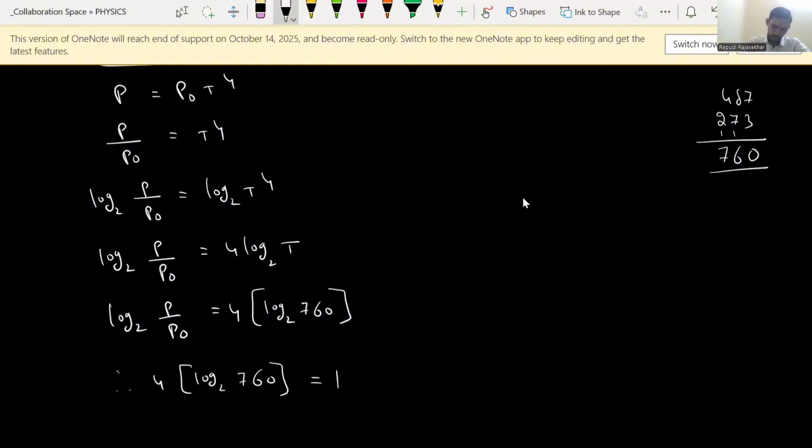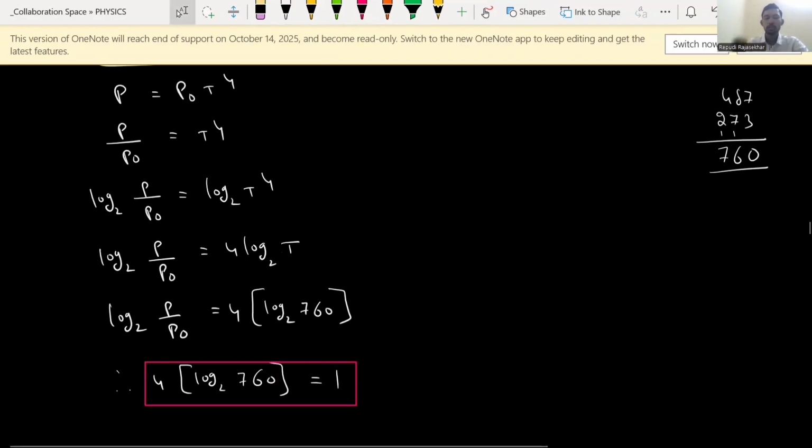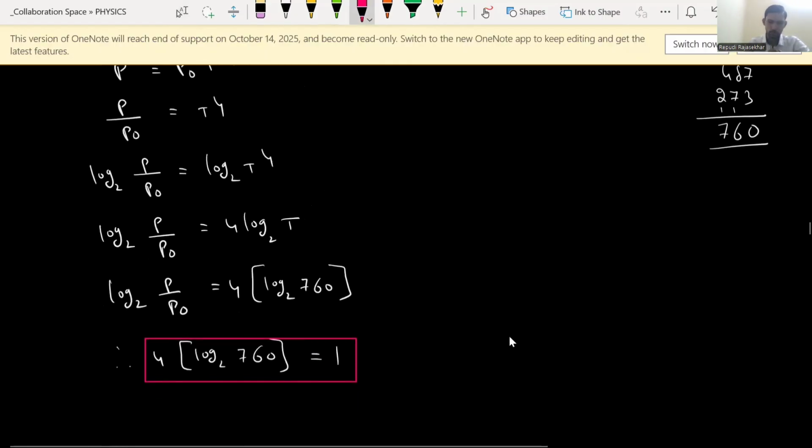Its value is how much? 1. Because in the question they mentioned what reading the sensor gives at 487 degrees centigrade: 1. So whatever value we got here, we have equated to 1.